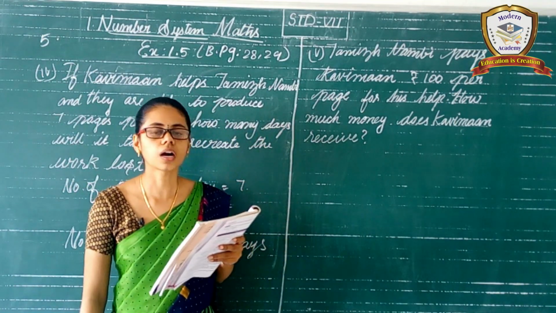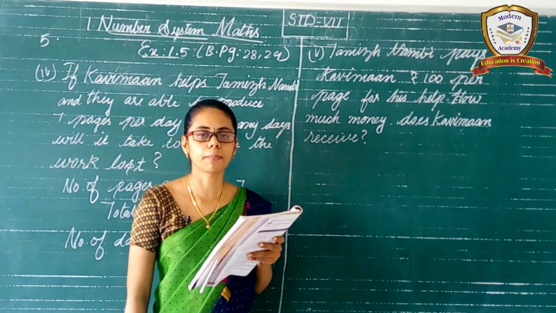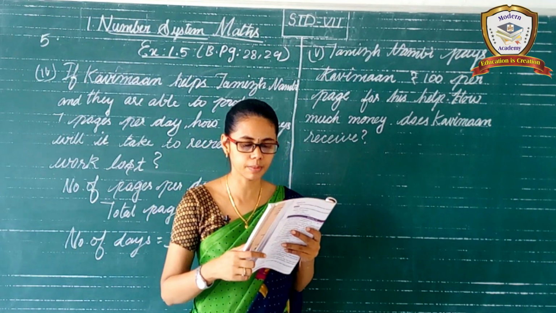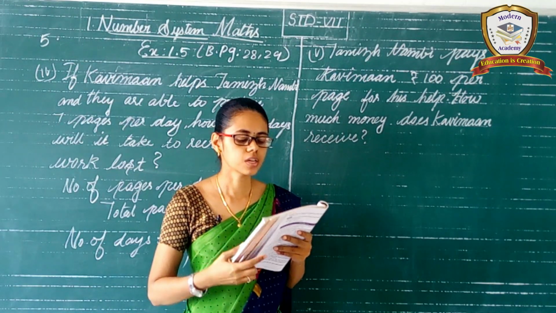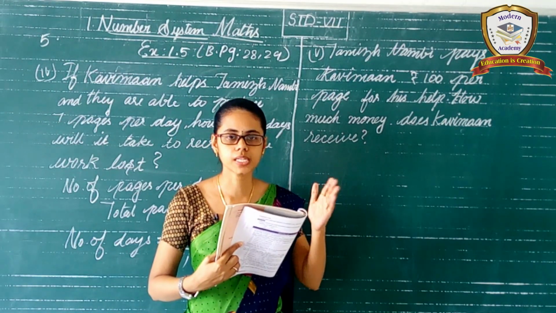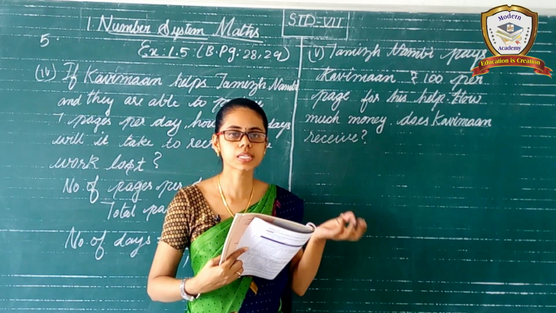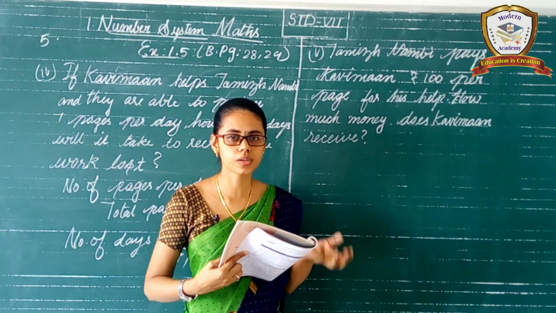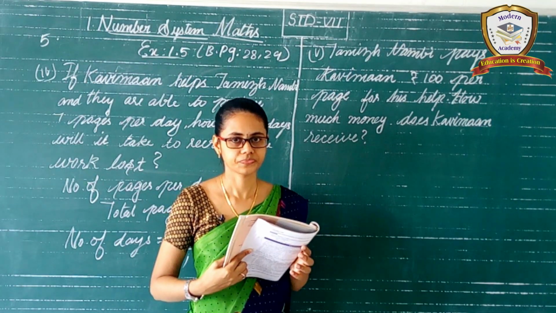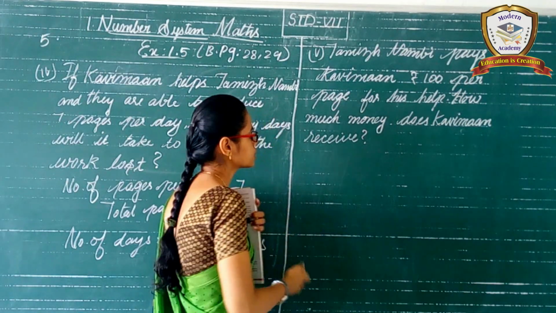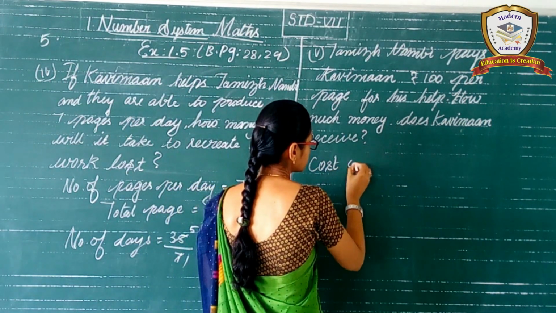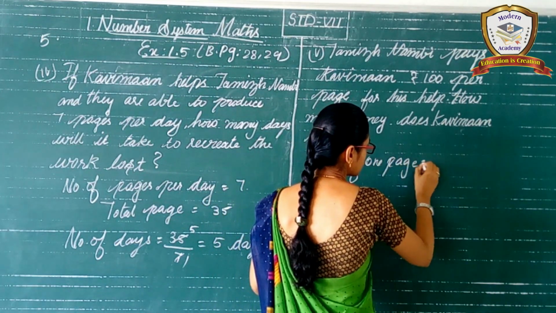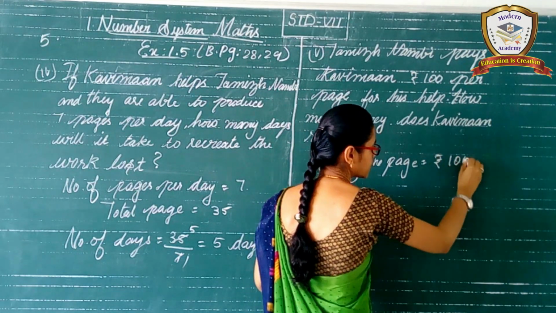Next, move to the fifth one. Tamil Nambi pays Kaviman rupees 100 per page for his help. How much money does Kaviman receive? See, Tamil Nambi pays Kaviman rupees 100 per page. Okay, means how much amount will Kaviman receive from Tamil Nambi. Okay, see, cost of one page equal to rupees 100.